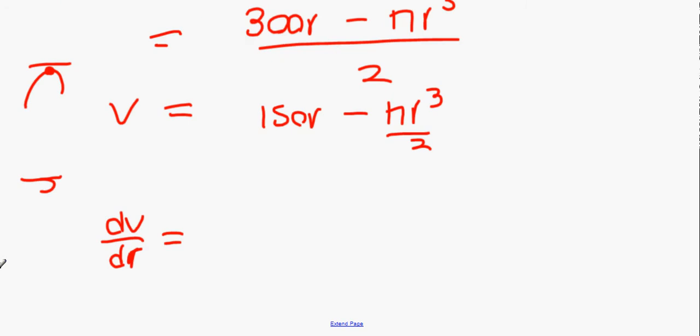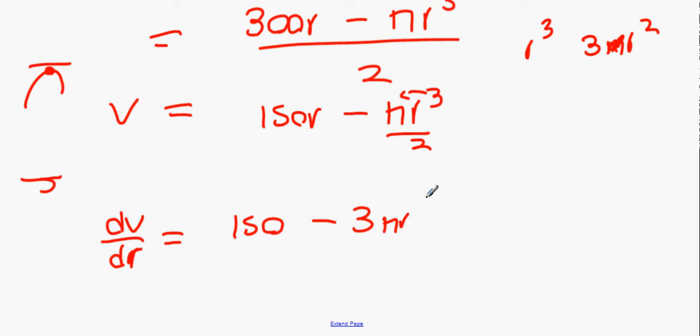So what we're going to get is 150, and then the 3 goes to the front. When you differentiate r cubed, you get 3r squared. Sorry, excuse me. So it's going to be 3 pi r squared all over 2, and this has to equal 0.